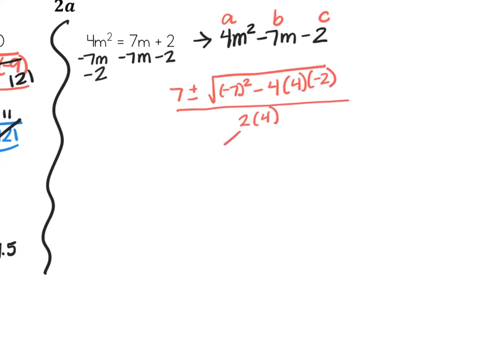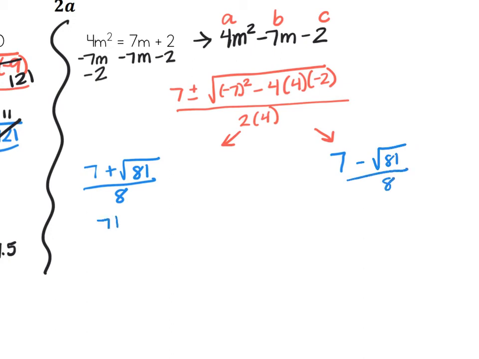And I'm going to split that into two different problems. And I'm going to simplify what's inside my radical. What the inside of that radical gives me is 81. So I'll have 7 plus or minus the square root of 81 over 8. We'll just do plus on this side and we'll do minus over here.